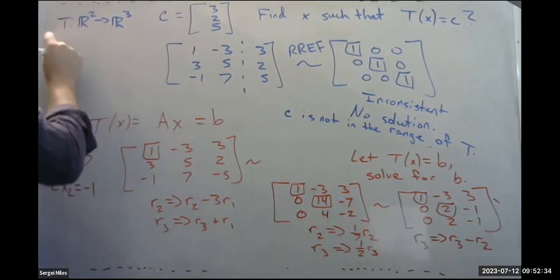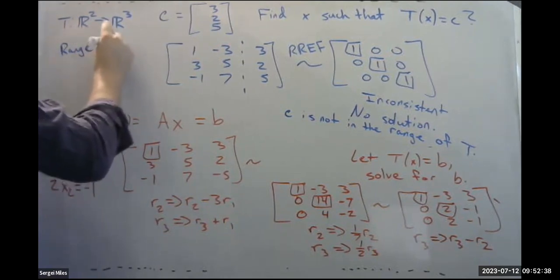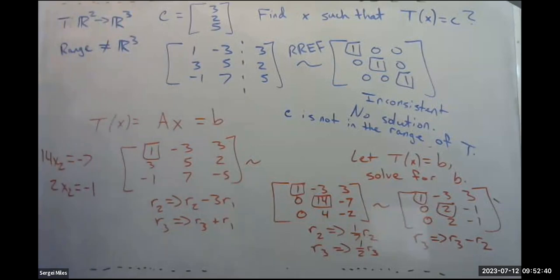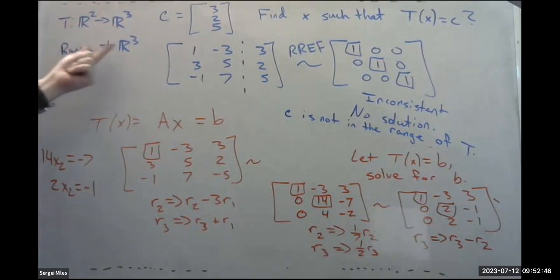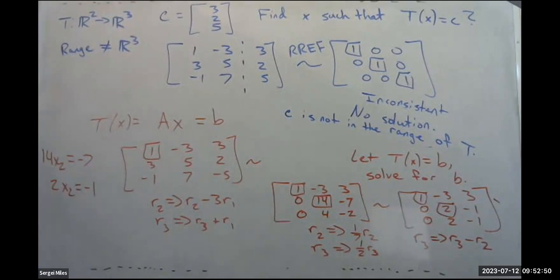The range of T does not equal R3 in this example. Sometimes your range can equal everything that's over here, but in this case, it doesn't because we just found an example that's not in there, right? So how would we know if it's in there or not?